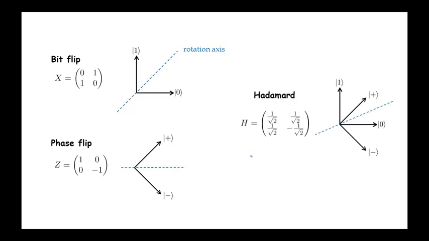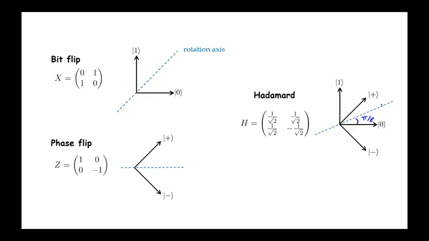Okay, so we saw how to think geometrically about the bit flip, the X gate, and the Z gate. Now let's look at the Hadamard gate and try to understand what it looks like geometrically. Remember, what the Hadamard gate does is it swaps between 0 and plus, and it swaps 1 and minus. So one way you can understand it is if you take this axis which bisects 0 and plus, so this angle will now be pi by 8.